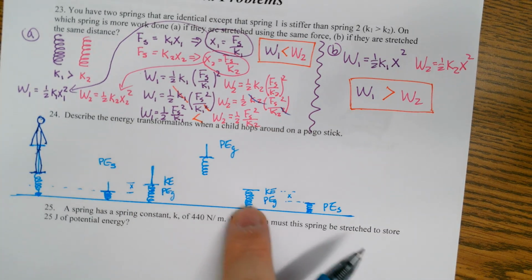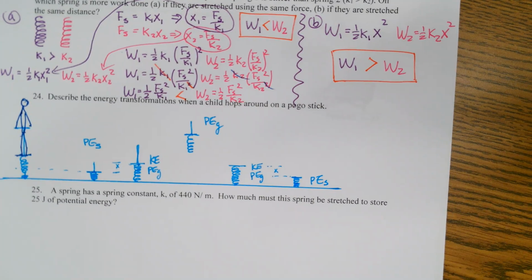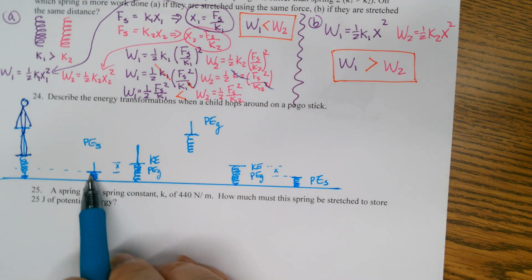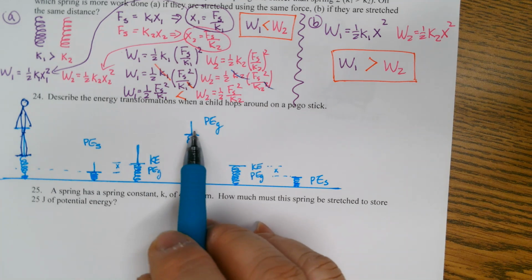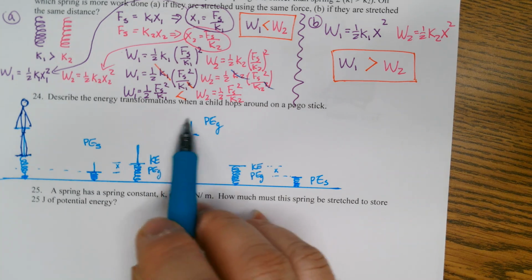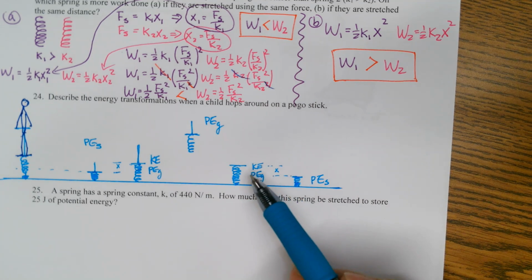And then the cycle repeats itself, okay? It just continues and repeats itself. That's how the energy is transferred from the potential energy of spring to kinetic energy and slight gravitational potential energy, to total gravitational potential energy with no kinetic energy when it reaches the maximum height. Then as it falls back down, you have kinetic energy and gravitational potential energy.